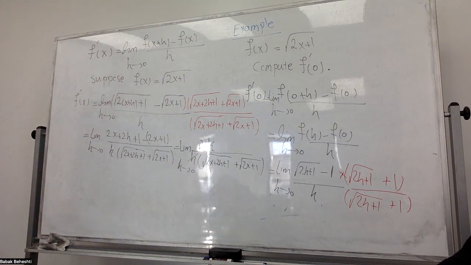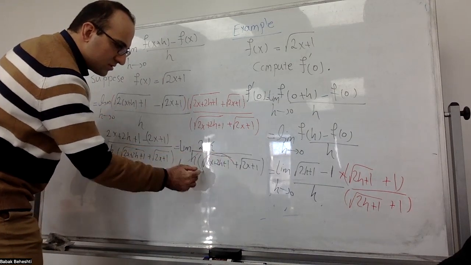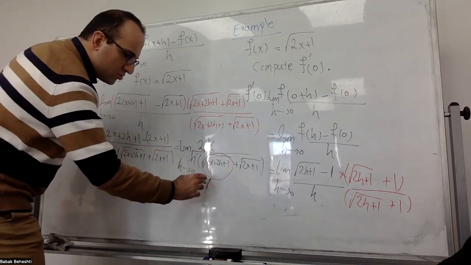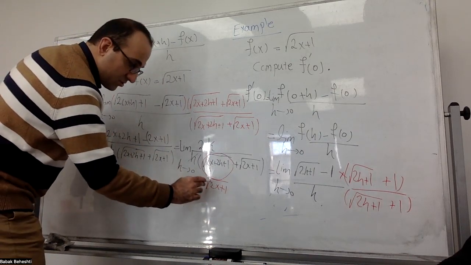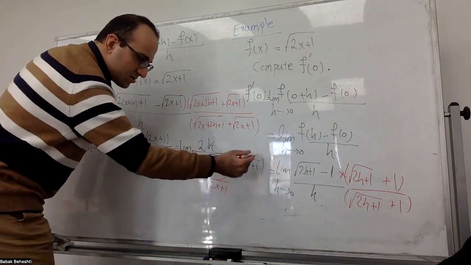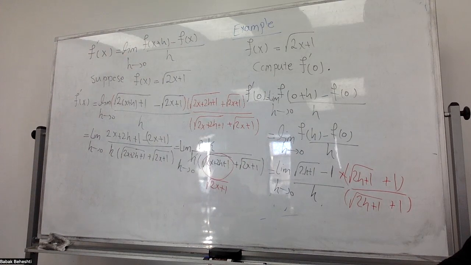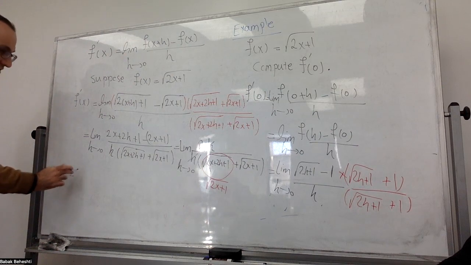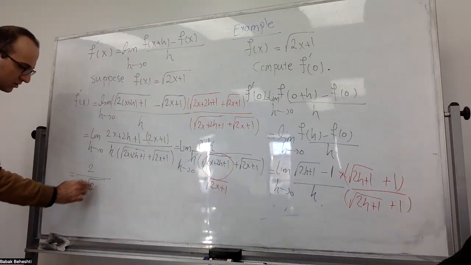Now, if h goes to 0, what happens? If h goes to 0, then this root would be just root 2x plus 1, right? This guy is also root 2x plus 1. So you have 2 times root 2x plus 1, right? So you would get what? On the top you have 2. At the bottom you have 2 times root 2x plus 1.